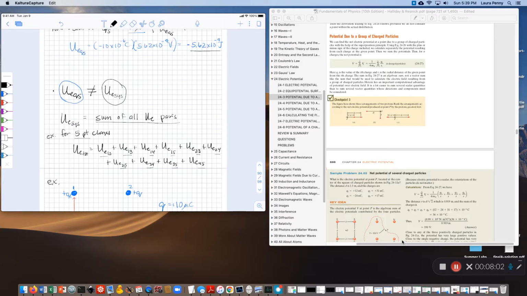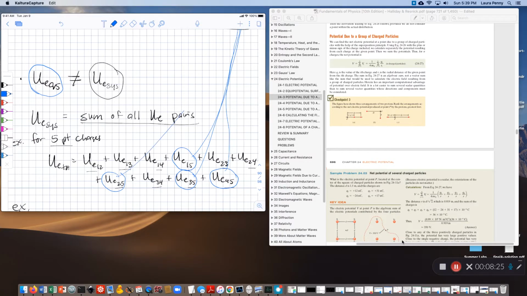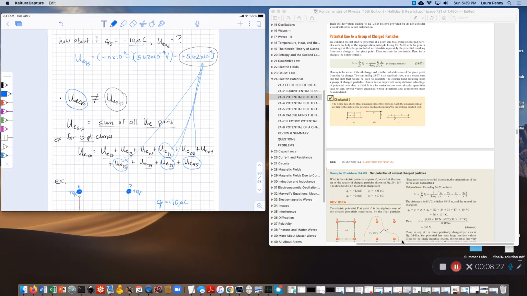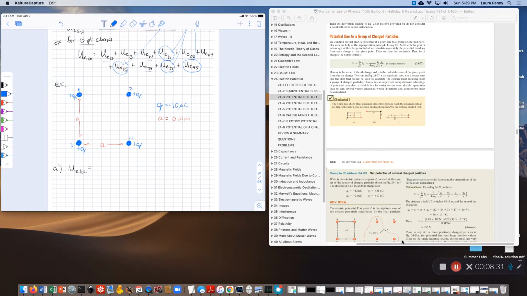What I have in this number right here is all the things that have 5 in it. It's UE45, 35, 25, and 15. This is the sum of those terms, but it's not the sum of all of the pairs.